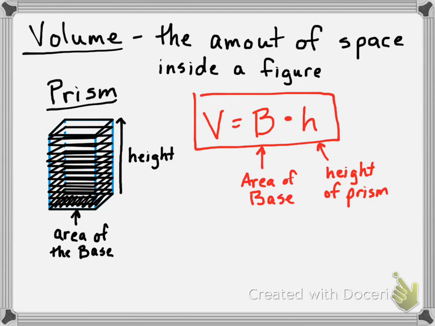Lowercase letters are something you can just look at the shape and find the measurement. Capital letters are something you have to calculate. So you have to calculate the area of the base, and then the H is the height of the prism. So it's just whatever this number is here, and you multiply the area of the base times the height.